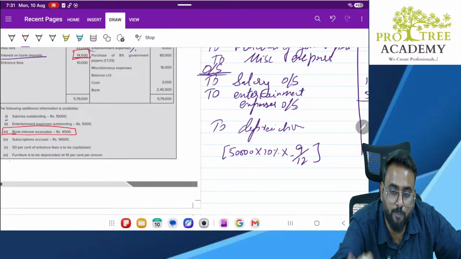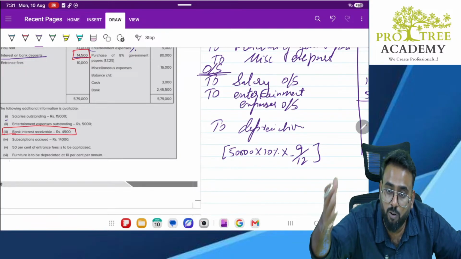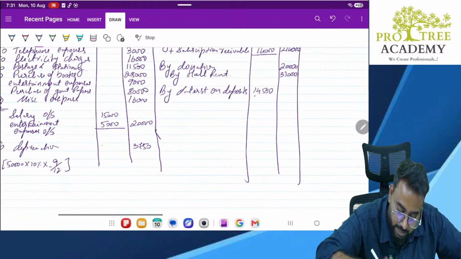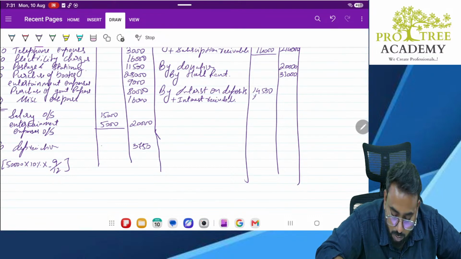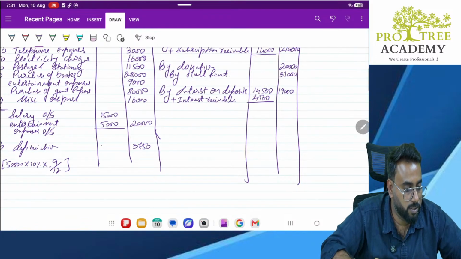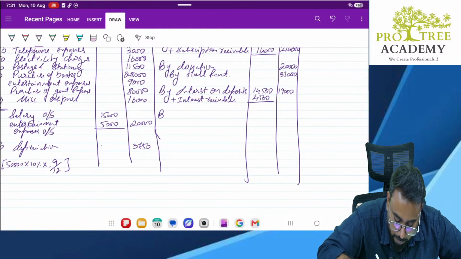But is it an income for the current year? Yes, it is. So should it be included in income and expenditure account? Yes. Plus interest receivable. How much? 4,500. Total 19,000. Sorry, 19,000. Okay. Next. By entrance.